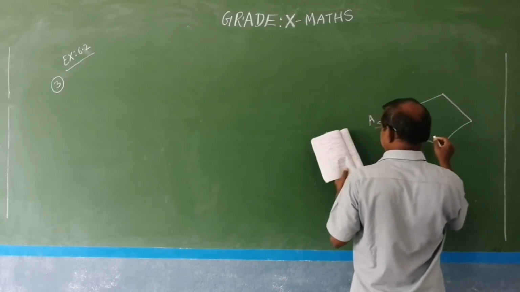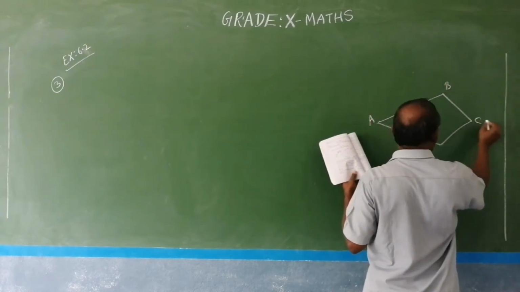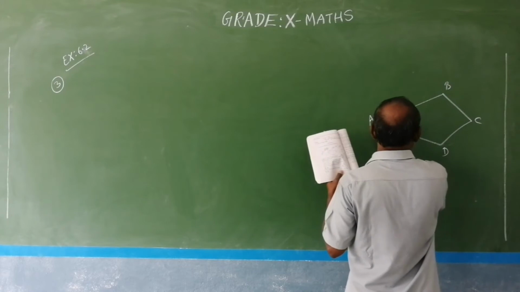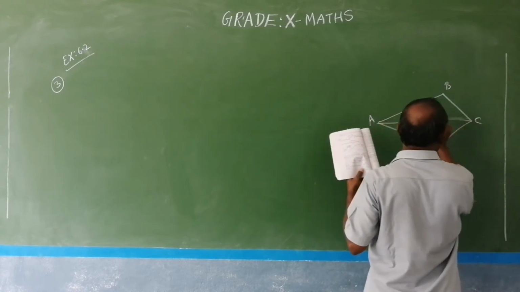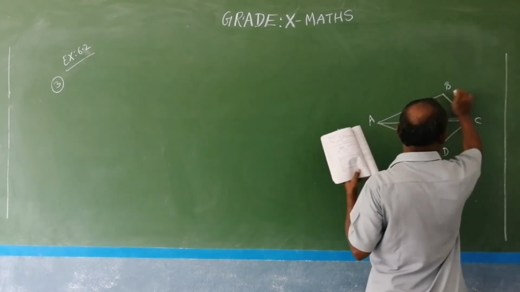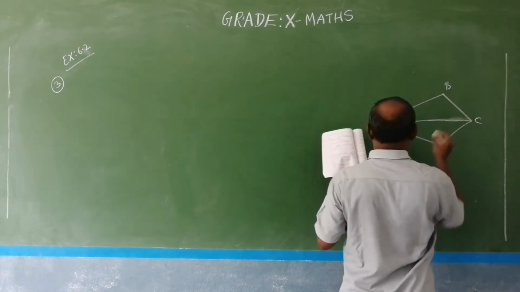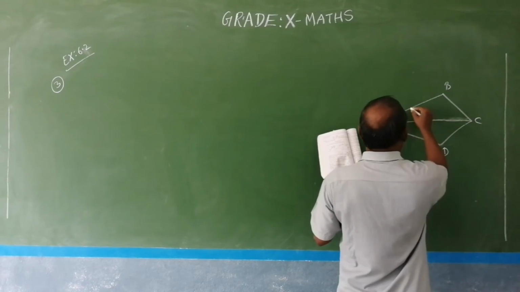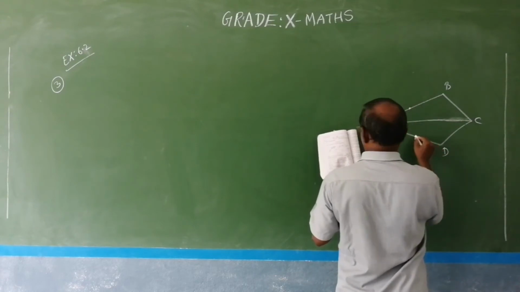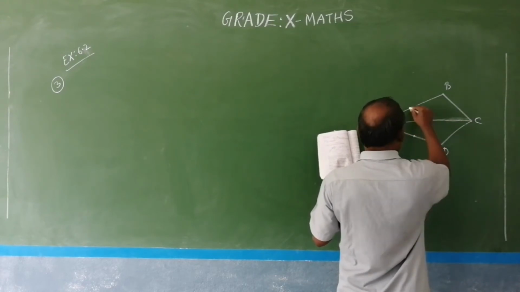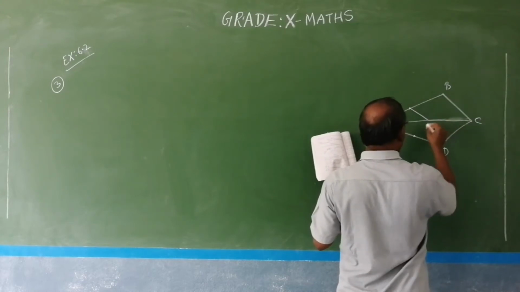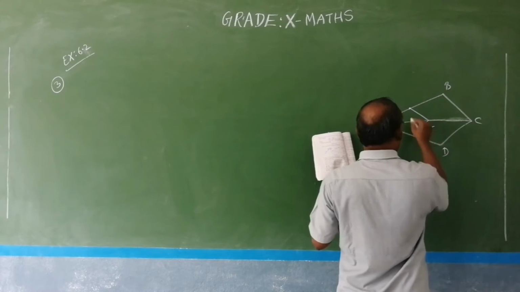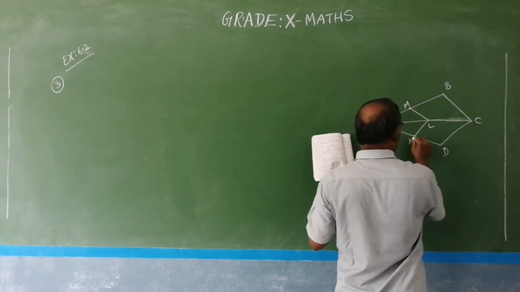A, B, C, D. In a quadrilateral ABCD, they join AC, and they took the 2 points M and N such that LM parallel to BC and LN parallel to CD.